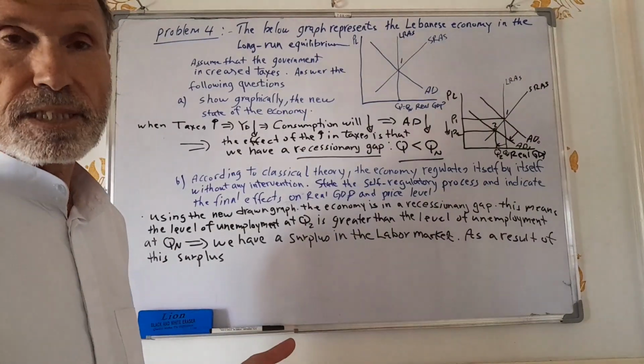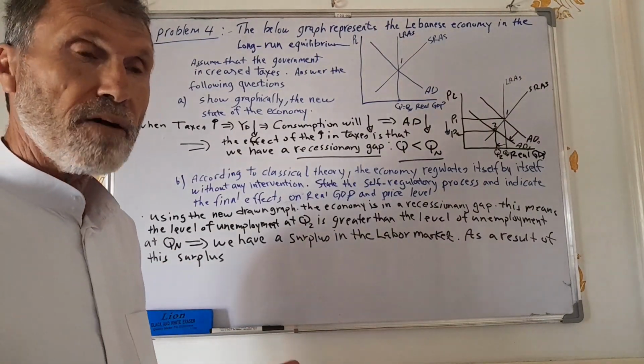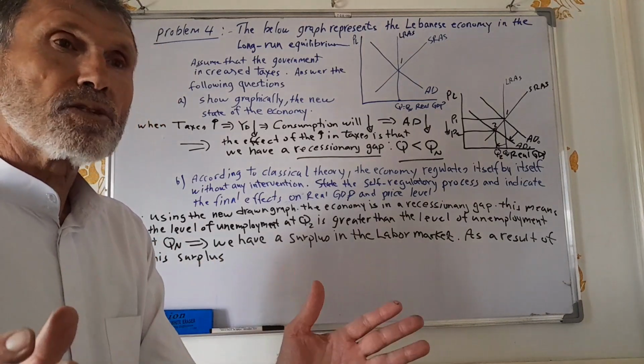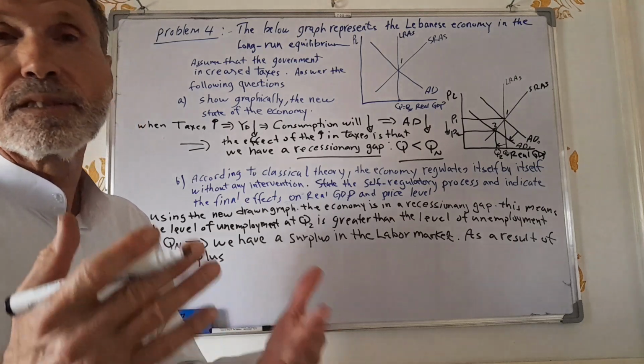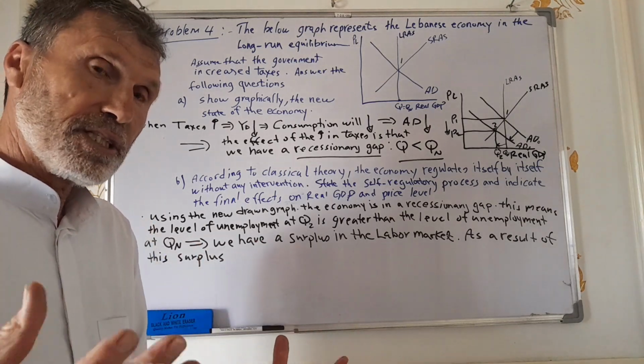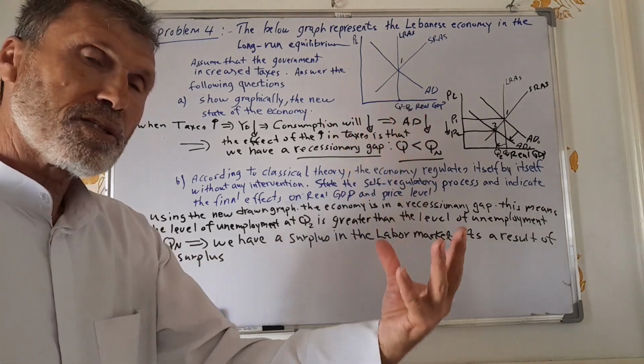We have a surplus in the labor market, which means we have few openings, few vacancies, and lots of workers who want to work. Therefore, as a result of this situation, the wage rate will go down.